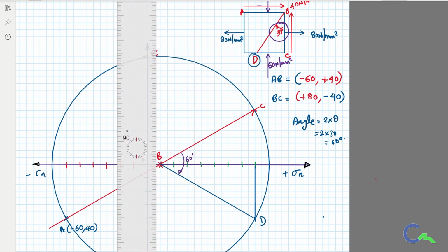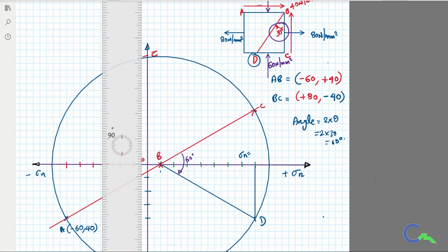So the normal stress in the oblique plane, I am going to get 10, 20, 30, 40, 50, 60, 70, lesser than 80, so around 79 Newton per millimeter square.